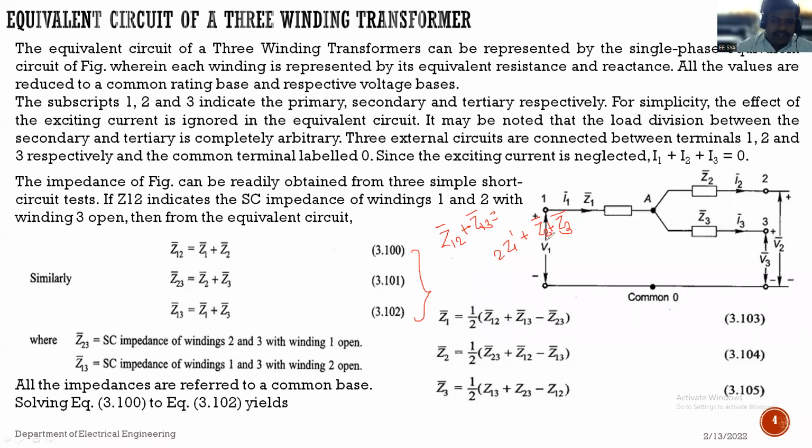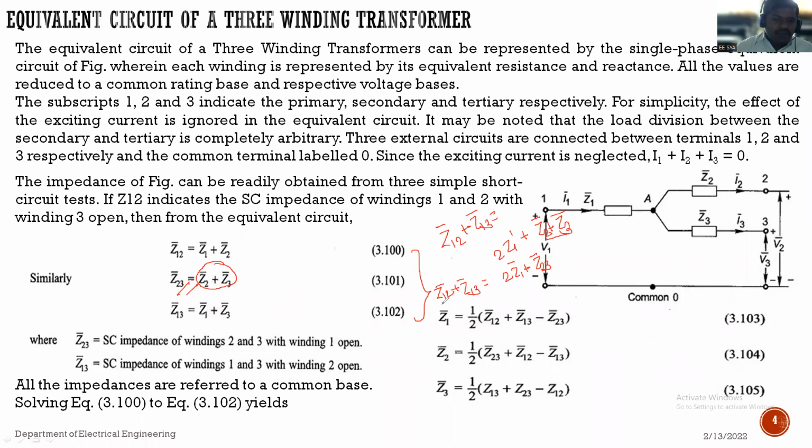What is Z2 bar plus Z3 bar? See, the addition of Z2 bar plus Z3 bar is nothing but Z23 bar, right? So that means we can represent here Z12 bar plus Z13 bar is equal to 2Z1 bar plus Z23 bar.